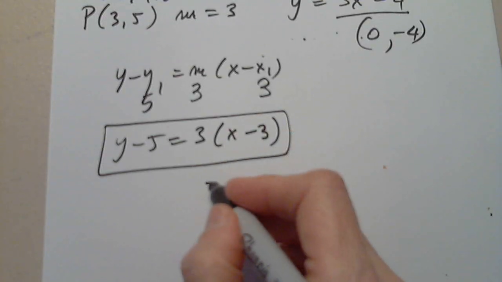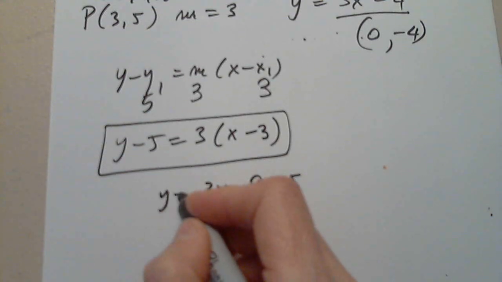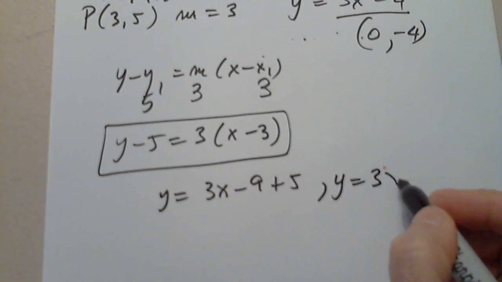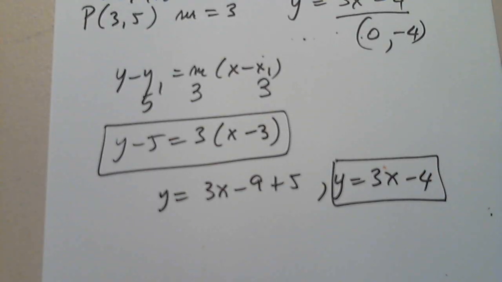Now I distribute: 3x minus 9, plus 5, which is correct. y equals 3x minus 4. Good. So they wanted this and then they want this. So we already jumped into the last one, which is fine. No worries. Good. The same problem.